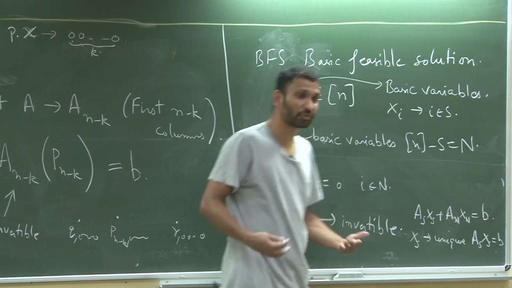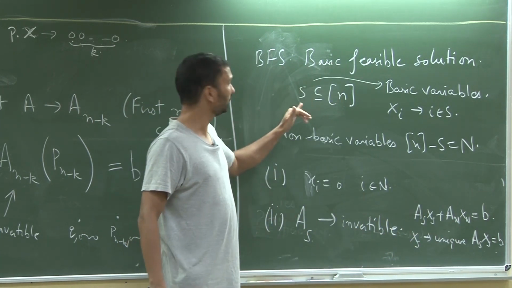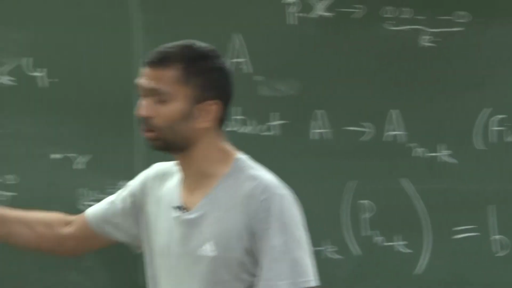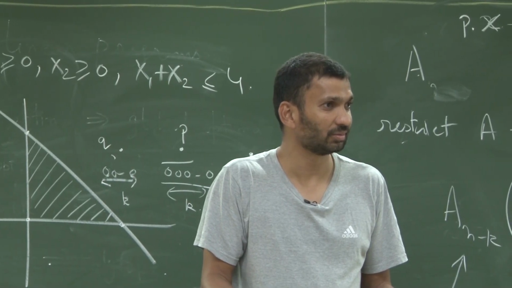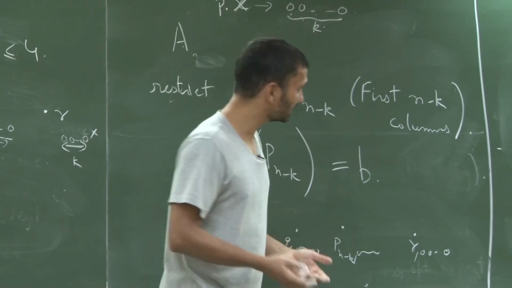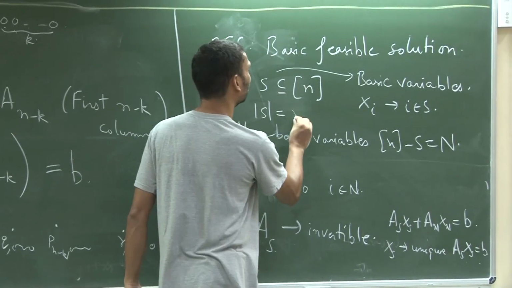So my basic feasible solution is described by S. Can you tell me what is the size of S? And we have assumed that every row in A is linearly independent, right? Exactly, because row rank equals, exactly, yes. So the cardinality of S is the number of rows in A, or M.